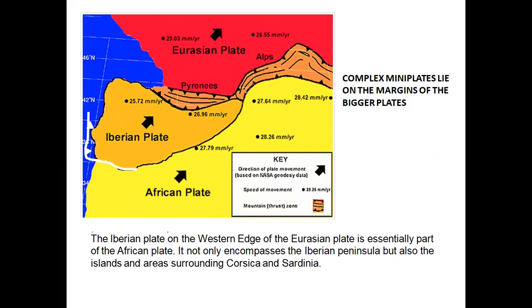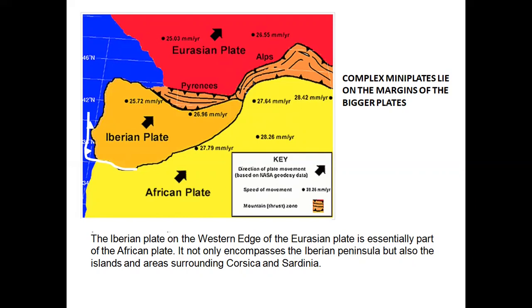And I've written here, the Iberian Plate on the western edge of the Eurasian Plate is essentially part of the African Plate, or has been, whereas now there's a very complex subduction zone running through that towards the Isles of Corsica and Sardinia. It not only encompasses the Iberian Peninsula, but also the islands and areas surrounding Corsica and Sardinia. But as I mentioned earlier, there's also a peculiar horseshoe-shaped subduction zone extending westward through the Straits of Gibraltar.